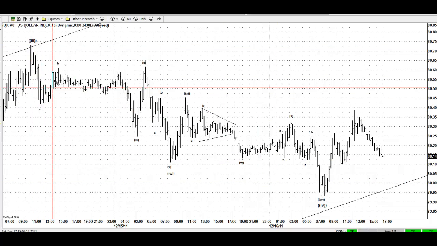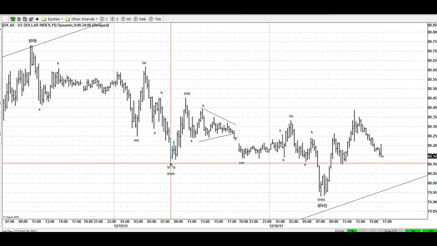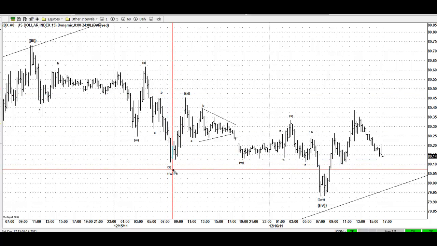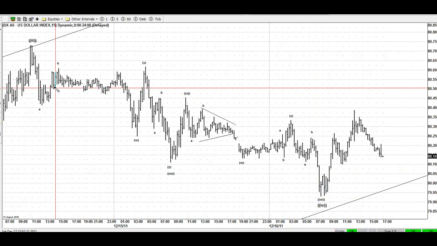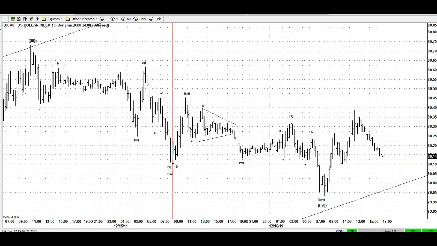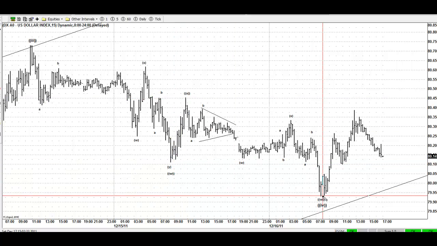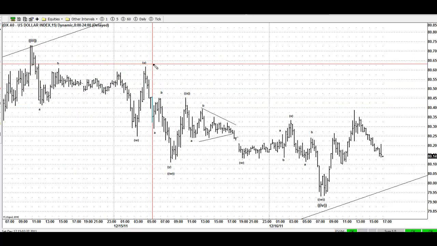We have A, B, C, 1, 2, A, B, C, 3, 4, A, B, C, 5. Or we have 1 in a regular 2, and then we have 3, 4, and 5. It does not matter how you label it. It's 5 swings.